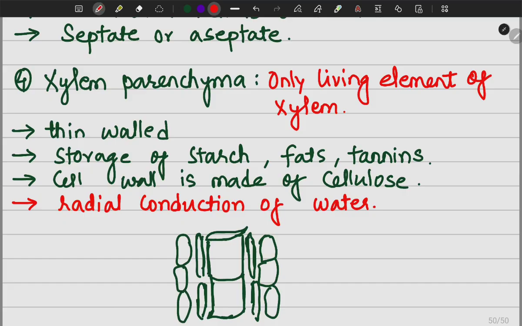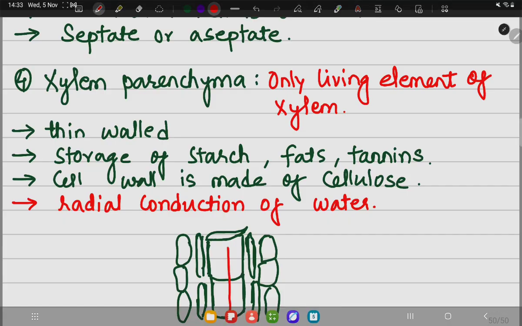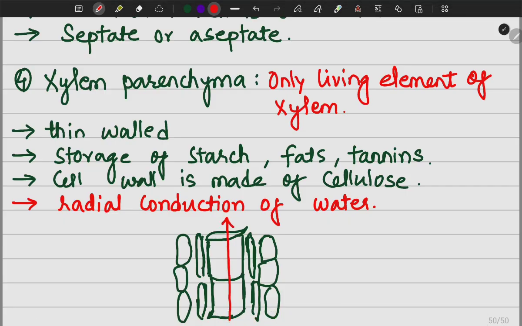Then we studied that the vessels and the tracheids together conduct the water unidirectionally like this, from root to the other parts.